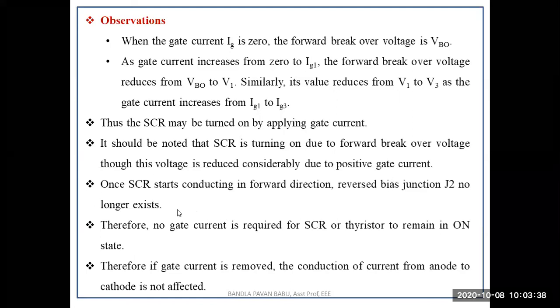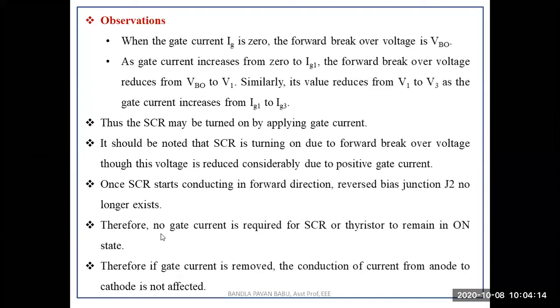Beyond that, what are the observations? Once the SCR is turned on, the reverse biased junction J2 no longer exists. This J2 layer has disappeared by reducing its width with the help of the gate current. Once the switch is turned on, there will not be any J2, and there is no need for a gate current either, because J2 is the only layer blocking the switch.